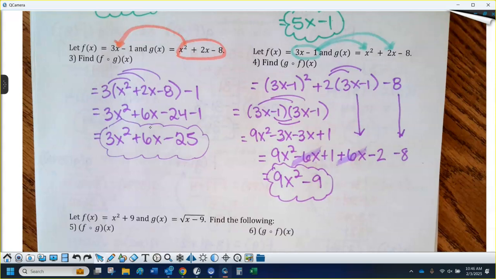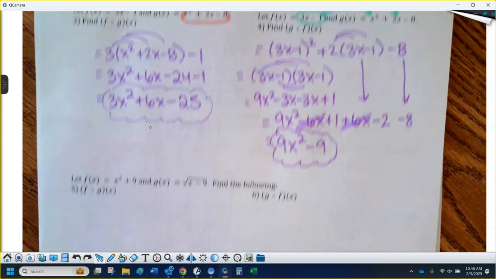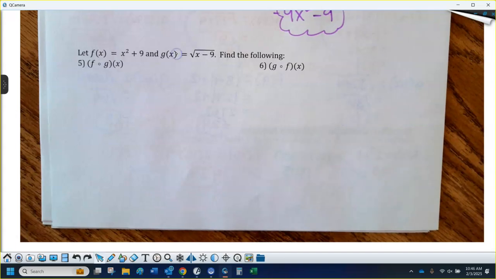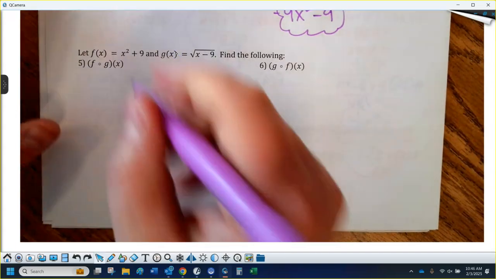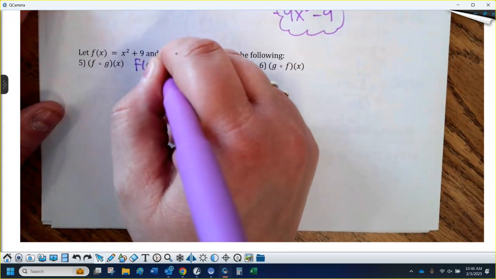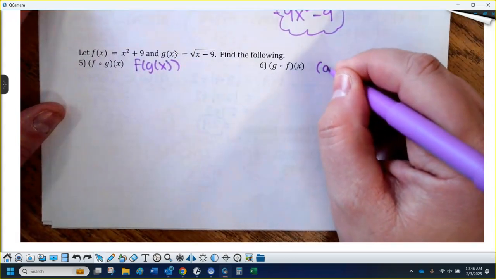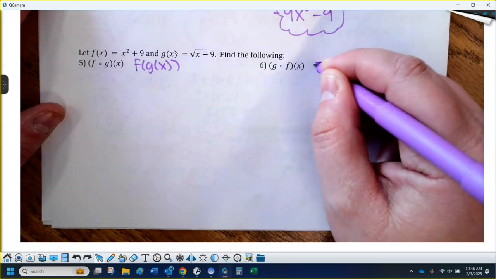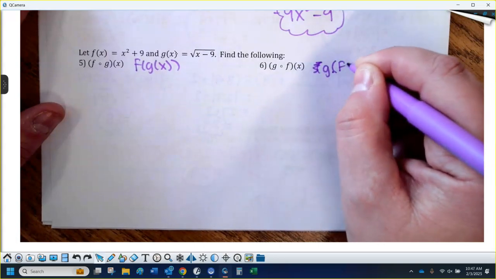Okay. Now, this last one we're going to do is a little bit weird. I've got a quadratic, but I've also got a square root. So I'm going to show you this one. This is f of g of x, if you like this notation better. And this is g of f of x.